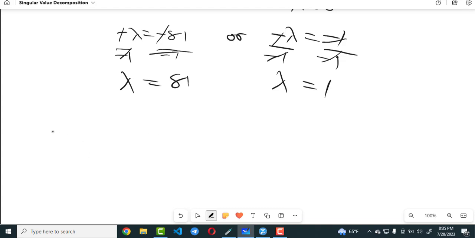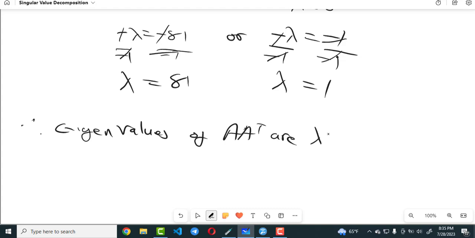So here we can see now that the eigenvalues of our matrix AAT are the scalars 81 and 1.